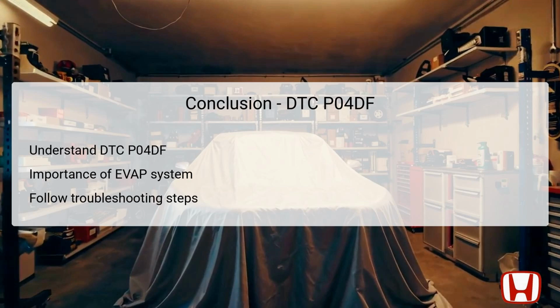This diagnostic trouble code signals that the system is experiencing high purge flow, leading to potential increases in emissions and reductions in fuel efficiency. Recognizing the roles of each component within the EVAP system, as well as following the structured troubleshooting steps, is essential for accurate diagnosis and successful resolution of the problem. Regular maintenance and proactive inspections play a significant role in preventing such issues from arising in the first place.